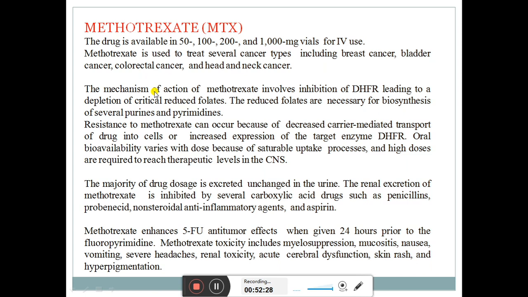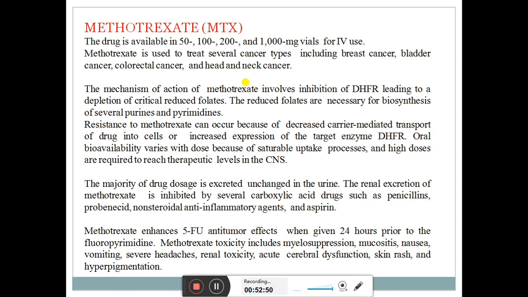The mechanism of action: it inhibits DHFR, dihydrofolate reductase, which leads to depletion of critical reduced folates, and reduced folates are necessary for the biosynthesis of several purines and pyrimidines.